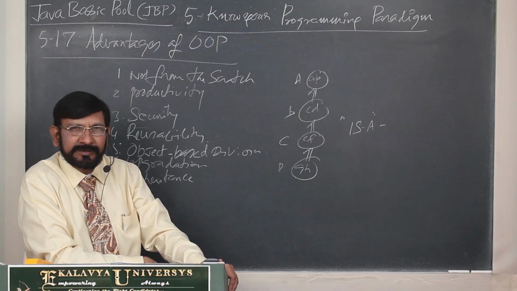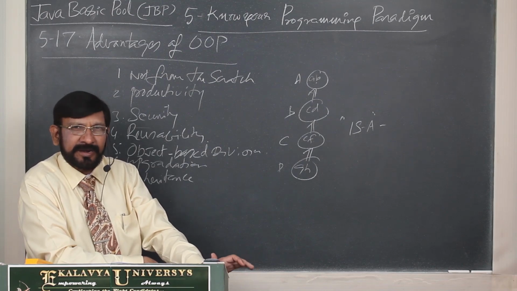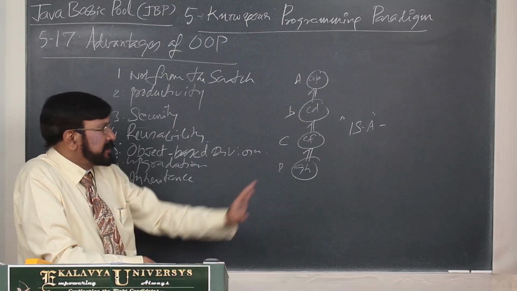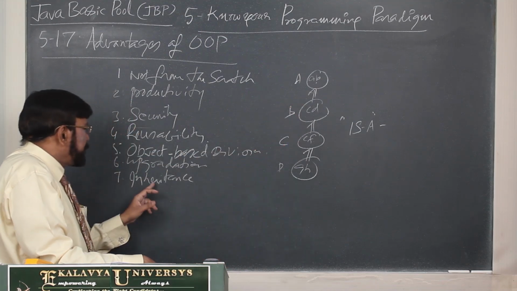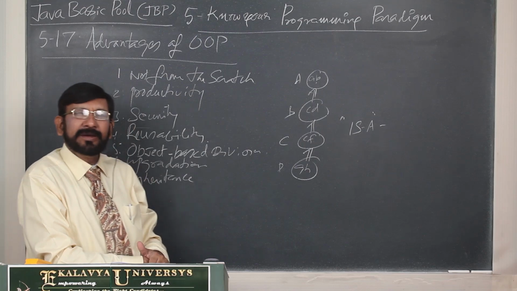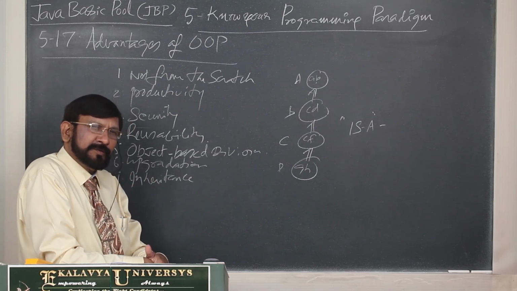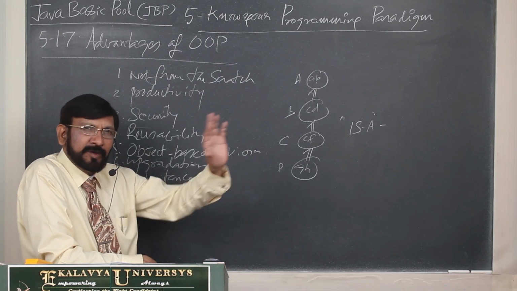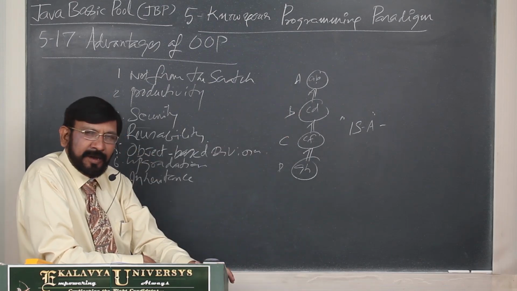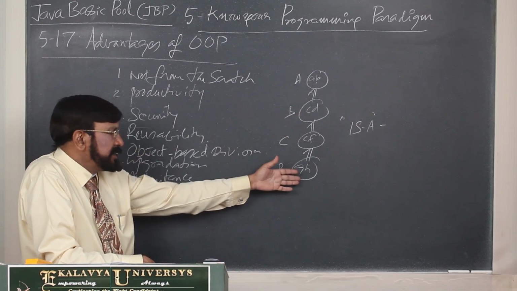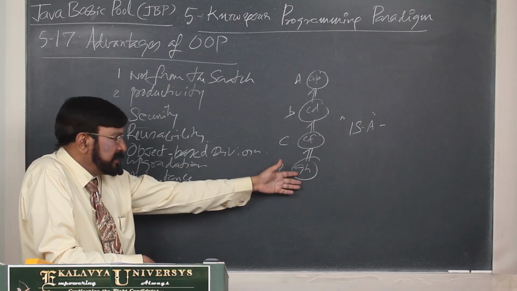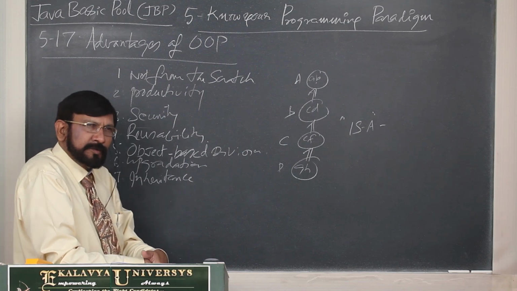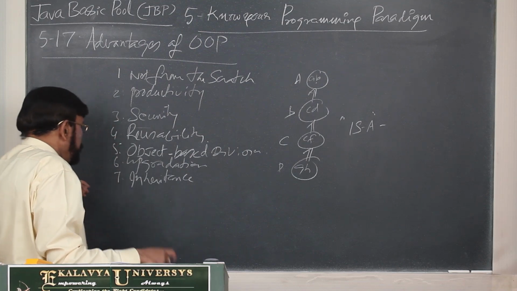Already I told you, a cylinder is a type of circle, ice is a type of water. Like that, when the is-a relation is established, then you can use inheritance. By that, you can save a lot of effort. Only the design you have to make, and you have to identify what the existing objects are, and then you can inherit them in your project and in your object. By that, the productivity is highly improved.